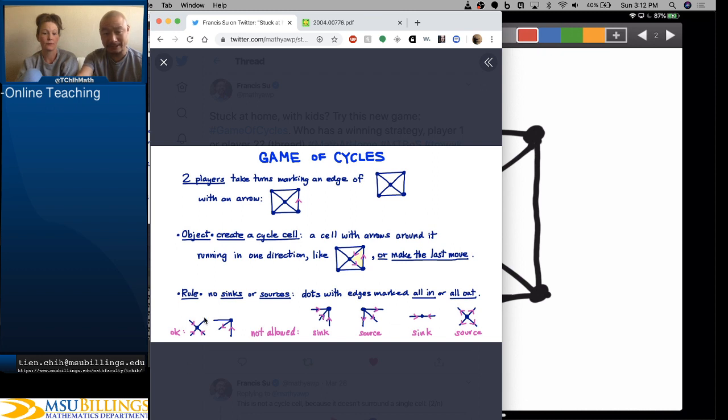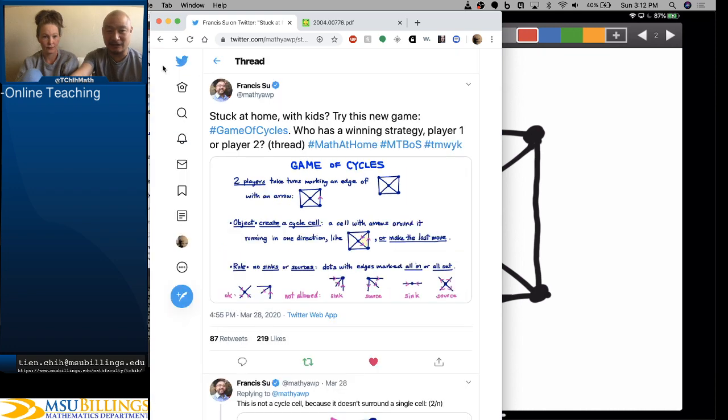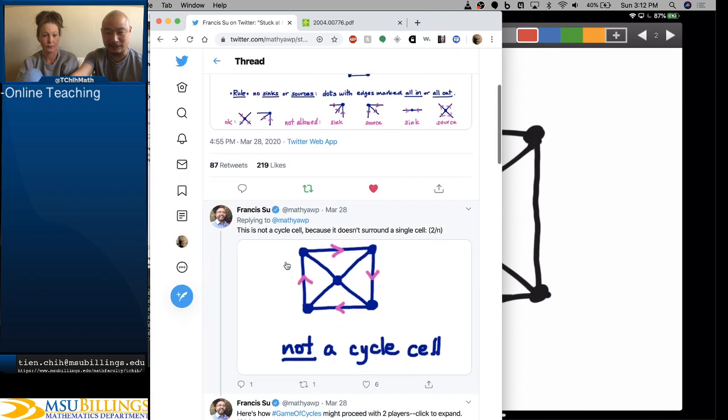These are okay. This arrow doesn't have a direction yet, so that's fine. But you couldn't put an arrow going in here or else it will become a sink. This arrow has an in and an out, so whatever we do on this vertex or this edge will be fine.